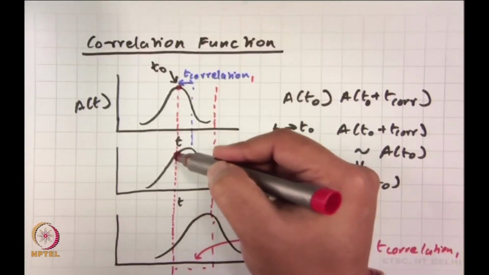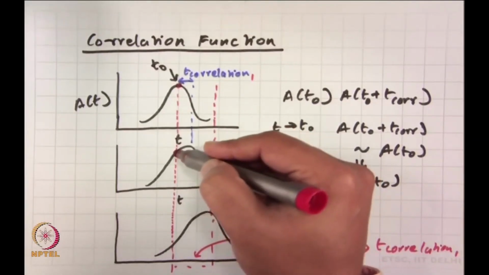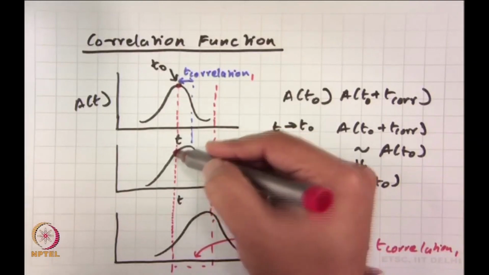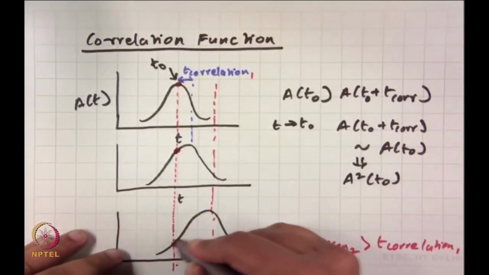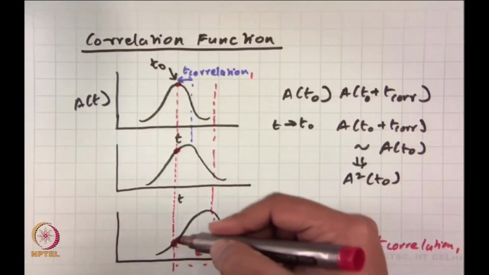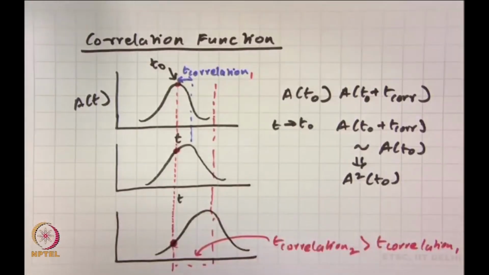Because it has shifted, the value at that time, which is here, has come down. So, the product has decreased. Now, you go to a further time where it has moved farther away. What has happened here now? This A of t naught plus t correlation is even lesser, and hence you are looking at a decay.